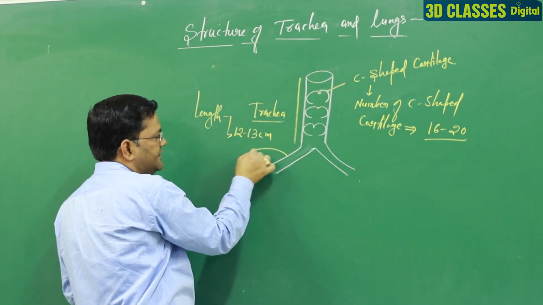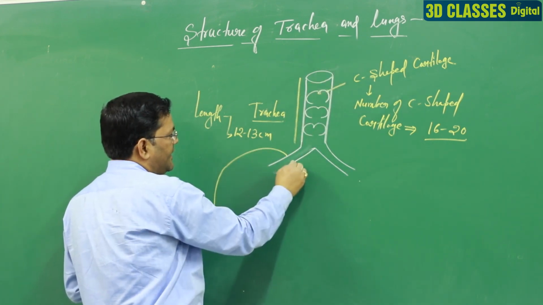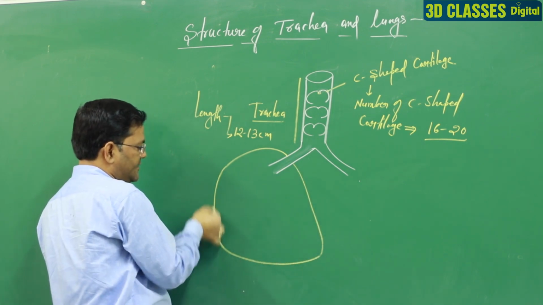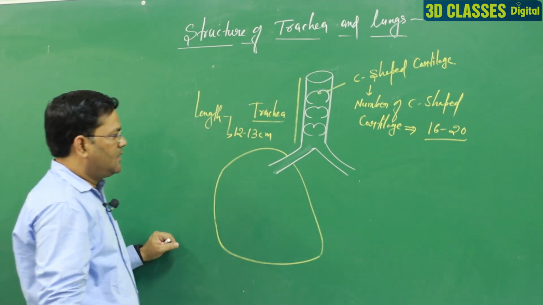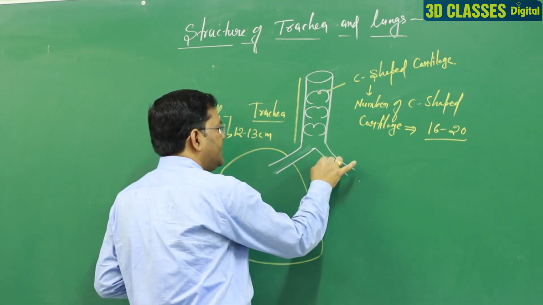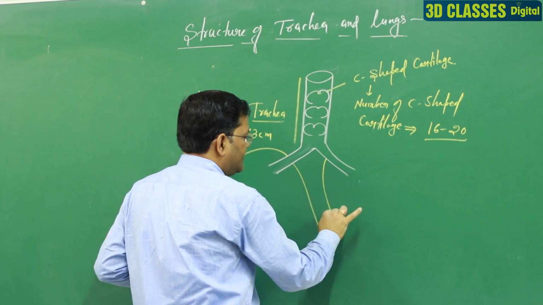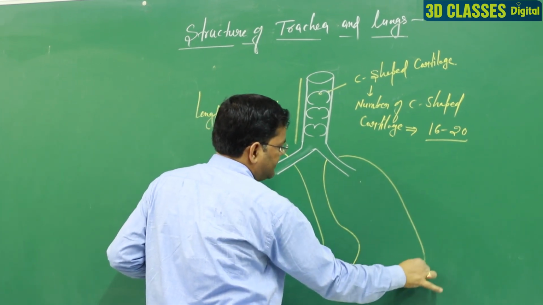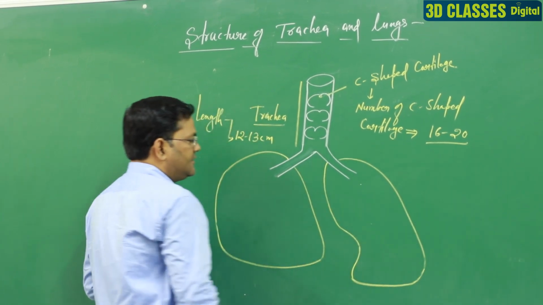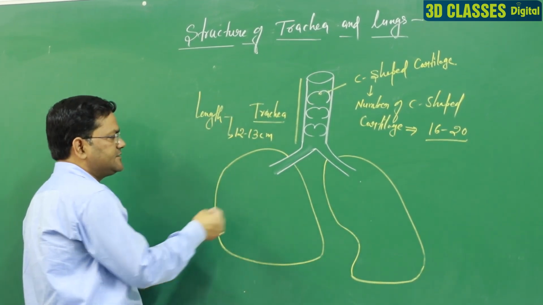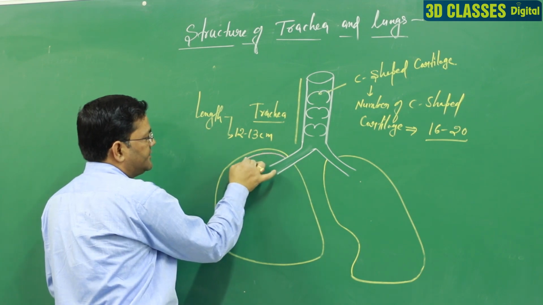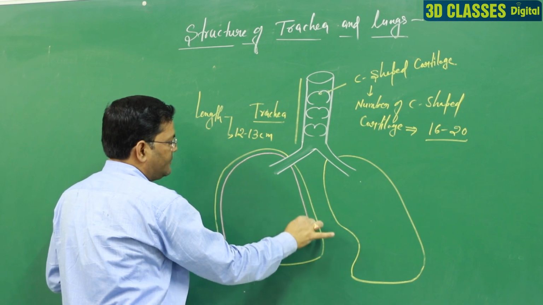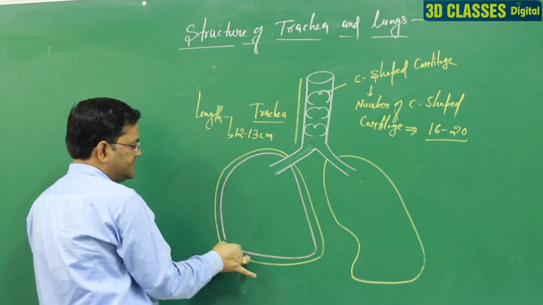The lungs are bilayered, and generally there are two lungs, the left lung and the right lung. The lung is bilayered. That means this is one membrane, and this is another membrane of the lungs.